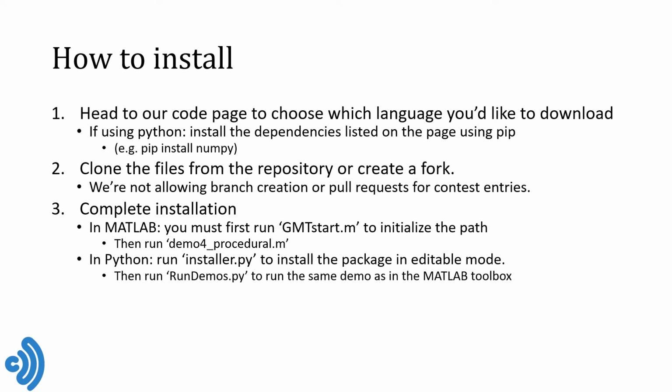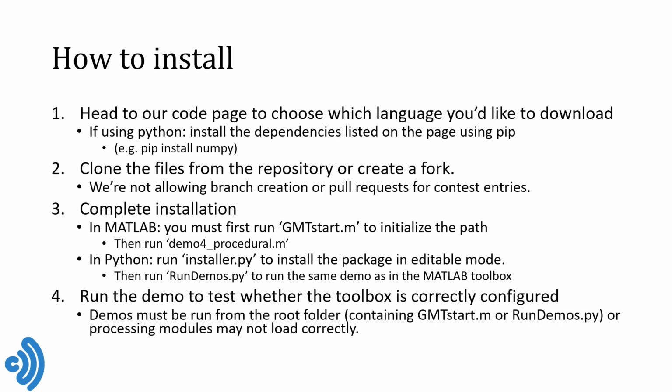In MATLAB, the script is called GMT start, and in Python, the script is called installer. Once you have the files installed, you can test the packages by running the demos. In MATLAB, find the file demo4procedural and run it, and in Python, run demos.py. Each demo provides the same example of the signal processing steps, starting from the acoustic input to the electrodogram output.